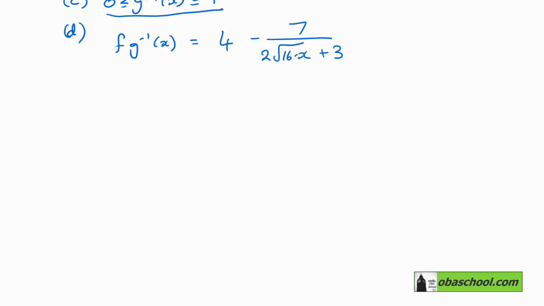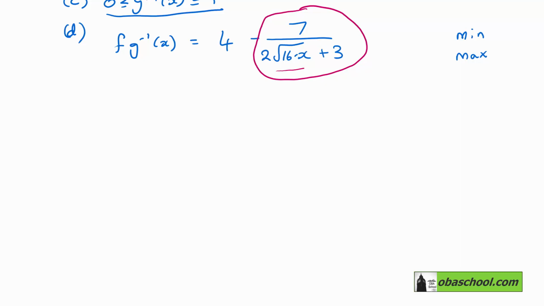Now, to get the range, we need the min and the max. So those are going to be the extreme ends. And what we can do to get the minimum value of this is to make this second term as large as possible. To do that, we need to make the denominator as small as possible.